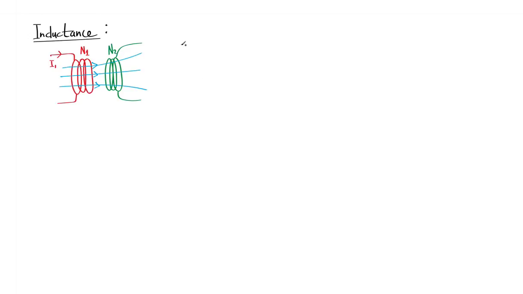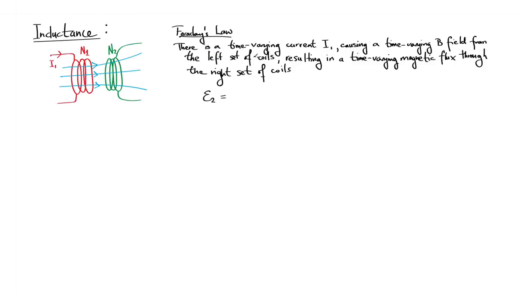All right, so if I write down using Faraday's law, let's write this out here. If there is a time-varying current I1 through the left set of coils, that generates a time-varying magnetic B field, drawn here in blue, and basically that will generate a time-varying magnetic flux through the right side of coils, right?